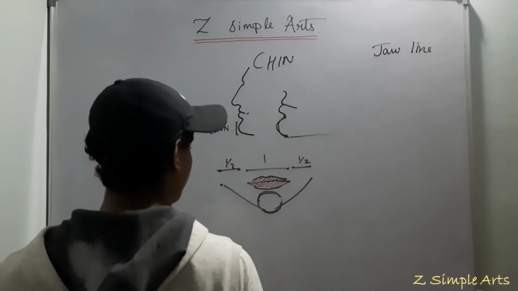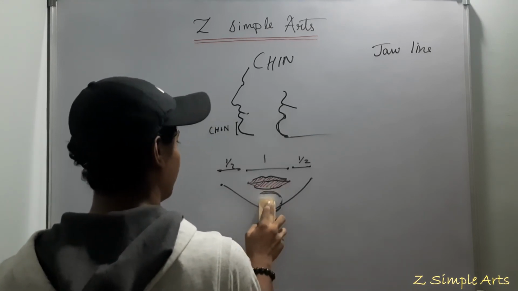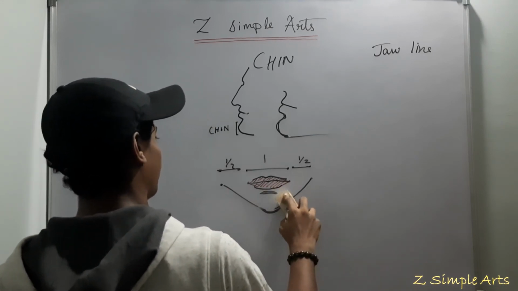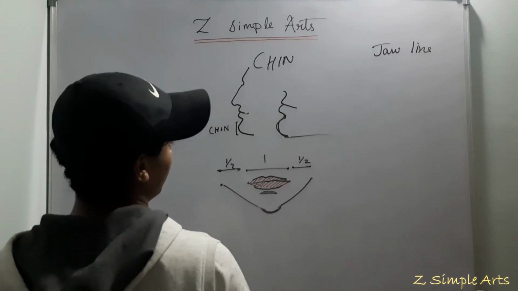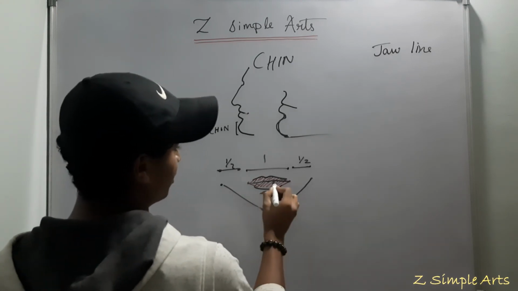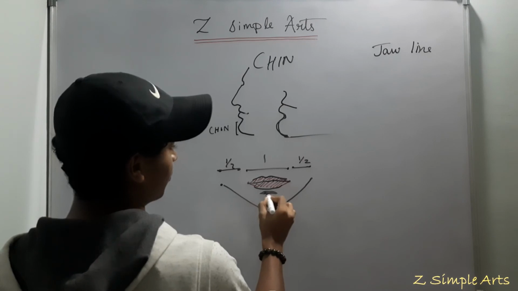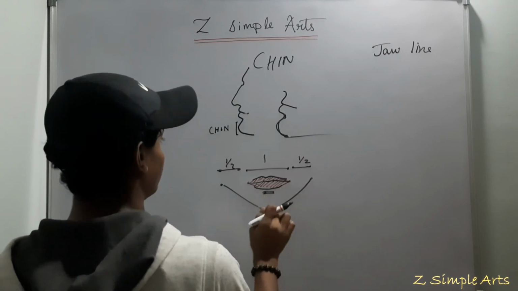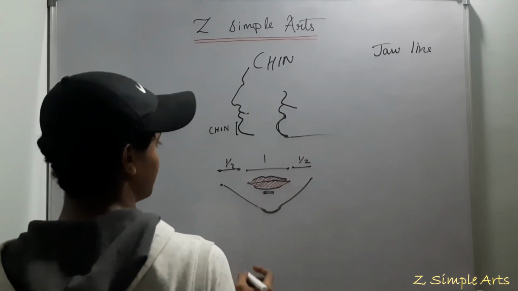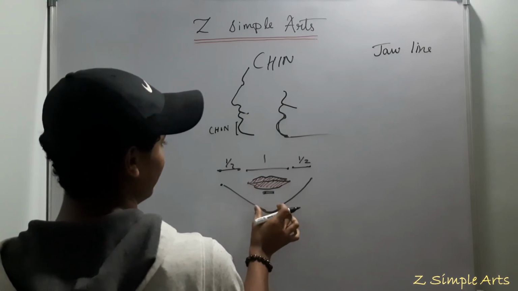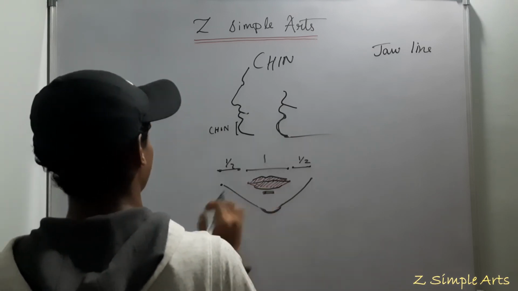And once you are done with this, erase the line. Keep the part of the line which is just below this and erase further. This gives us the impression that there is an elevated thing present here, which is the chin.